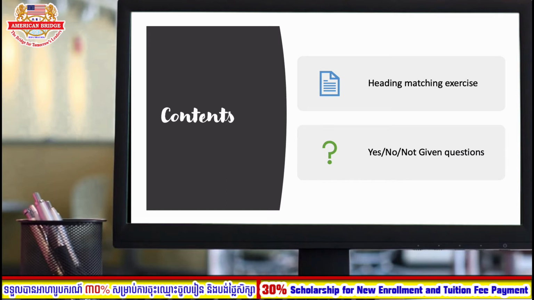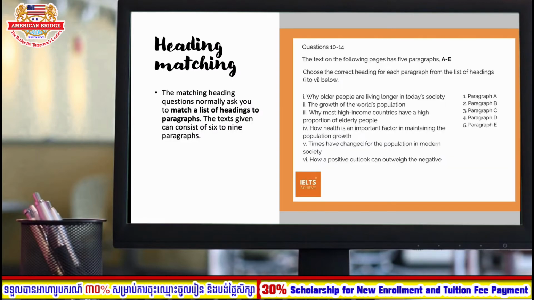The first one is the heading matching exercise. You will learn the techniques on how to do that. And another type of exercise question that mostly appears in the reading text is the yes, no, or not given type of questions. So let's start with the heading matching exercise.